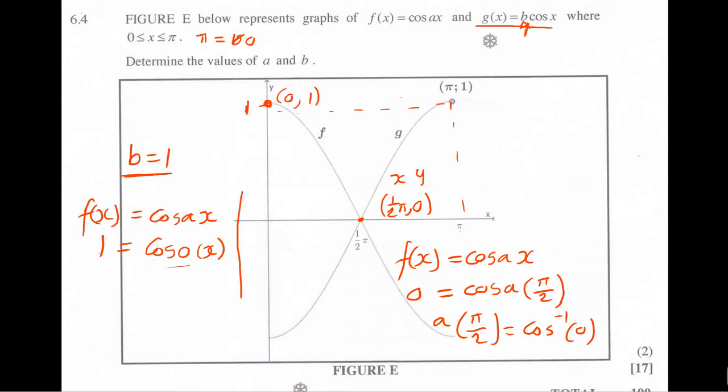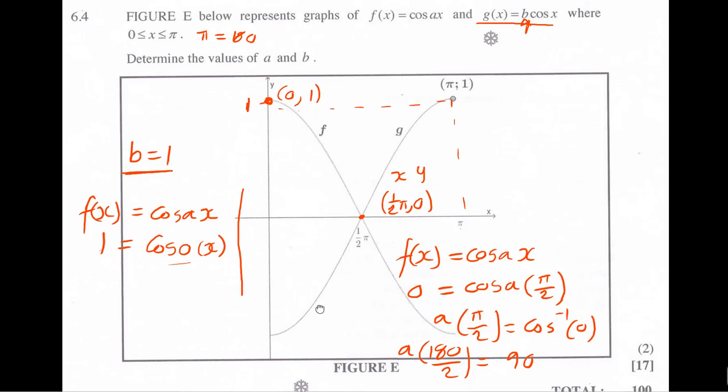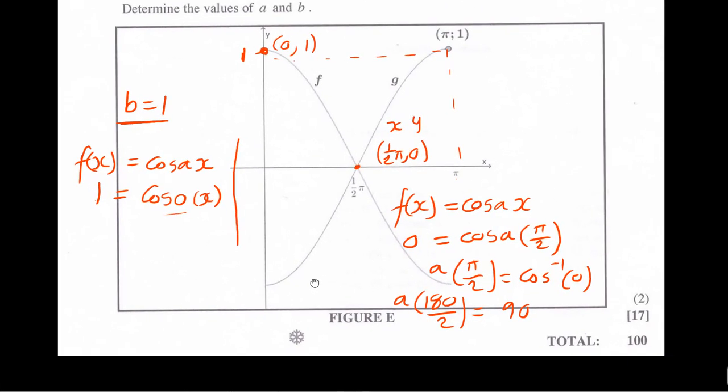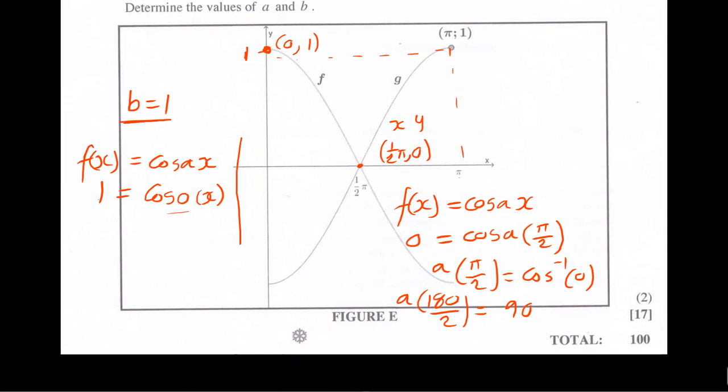So here you have got a is equal to, remember, I told you pi is same as 180. So you've got a times 180 over 2 is equal to 90. Now if you can simplify that, what is 180 divided by 2 is 90.